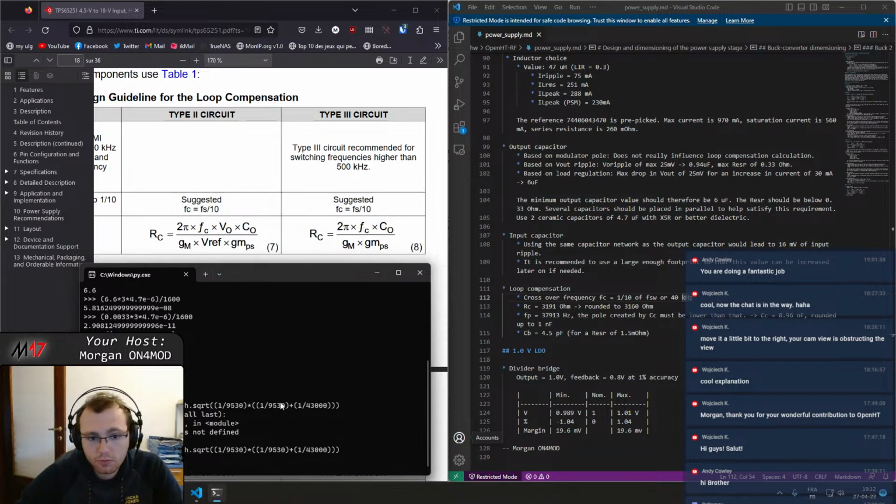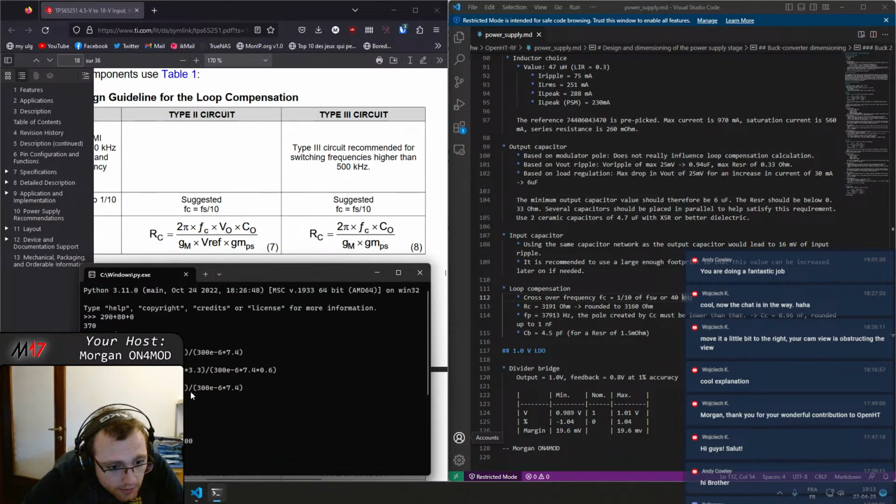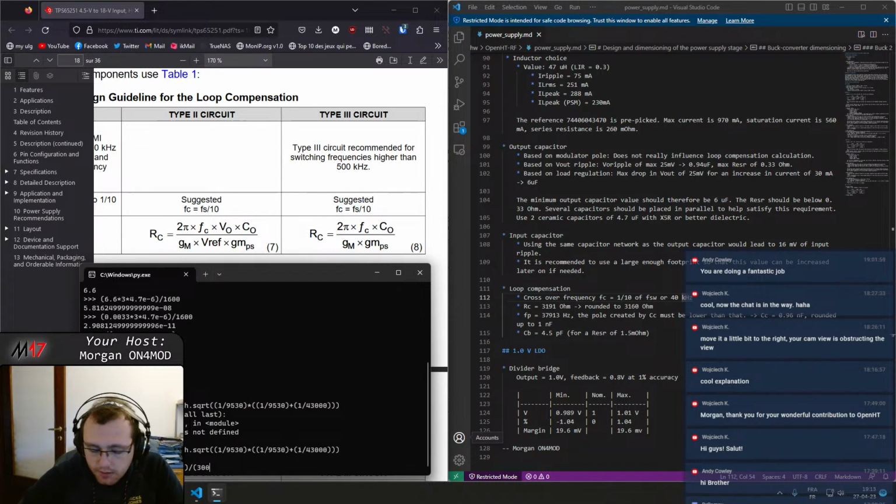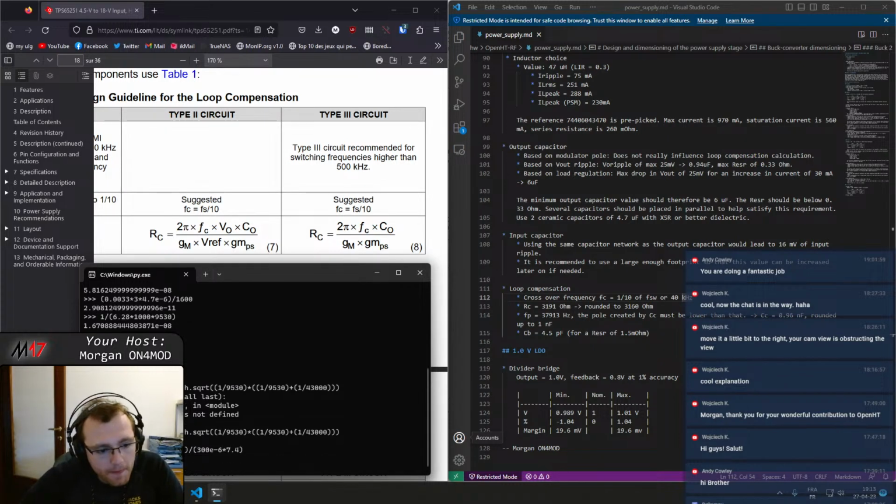So 2 pi times FC times 2 times 4.7 microfarad divided by then times 300 micro times 7.4, and then RC is 1063 ohms.